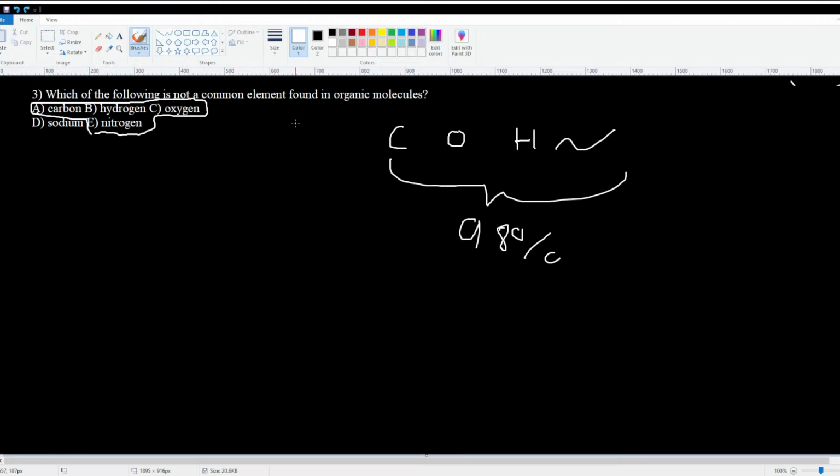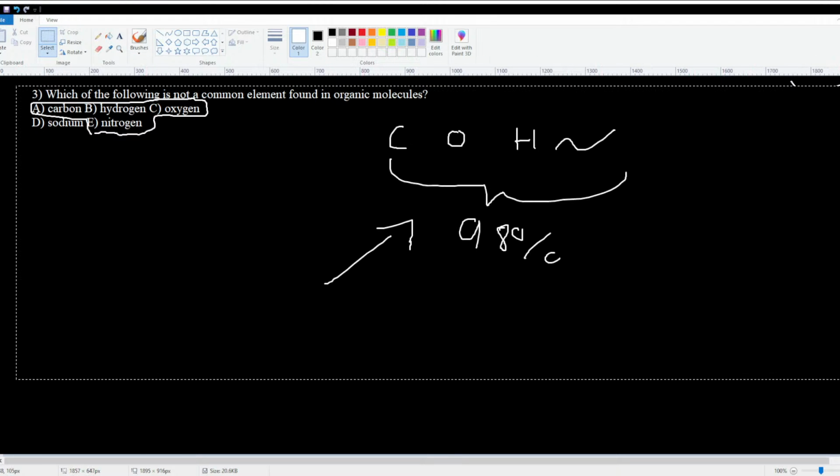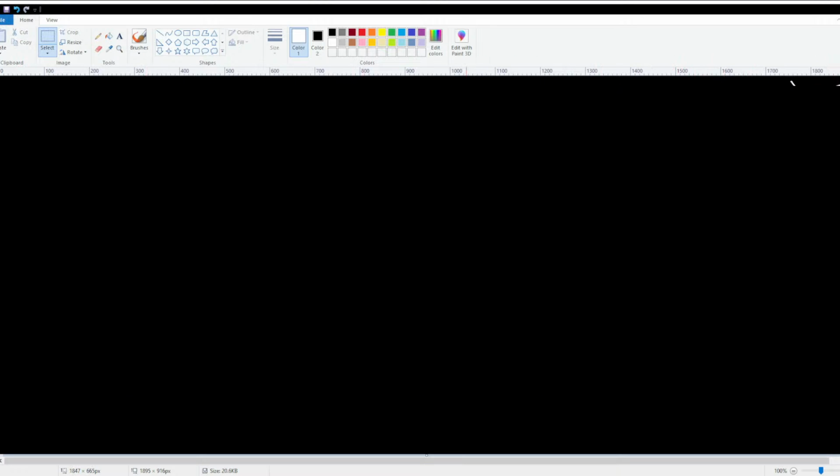Sodium is not a common element found in organic molecules. That isn't to say that sodium doesn't serve an important role and that sodium isn't used, but sodium is not common. It doesn't consist of 98%. Anyway. So, moving on to question 4.